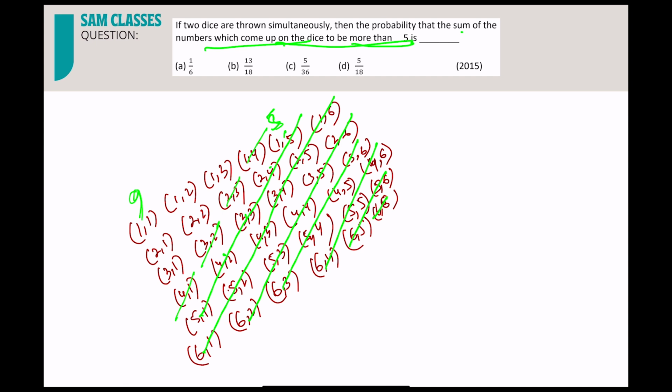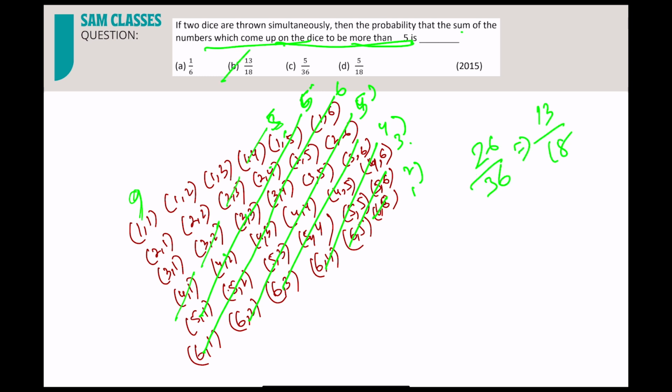So if you add it, you get 5 numbers, 6 numbers, 4, 5, 4, 3, 2, 1. So 7 and 3, 10, 15, and 5, 20, 26. So 26 by 36, which is equal to 13 by 18.